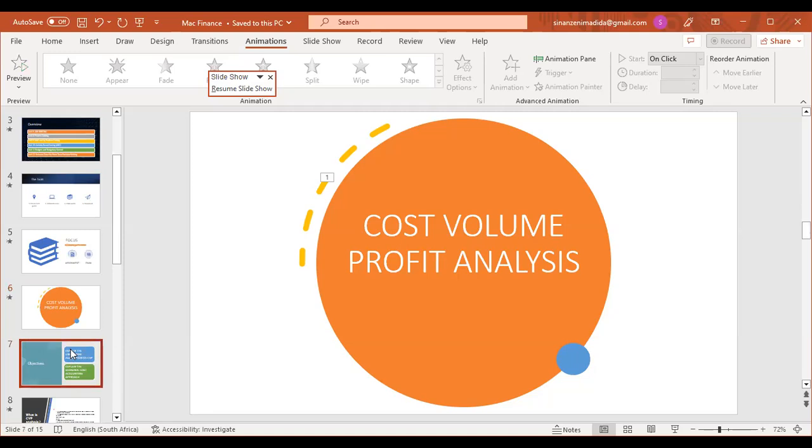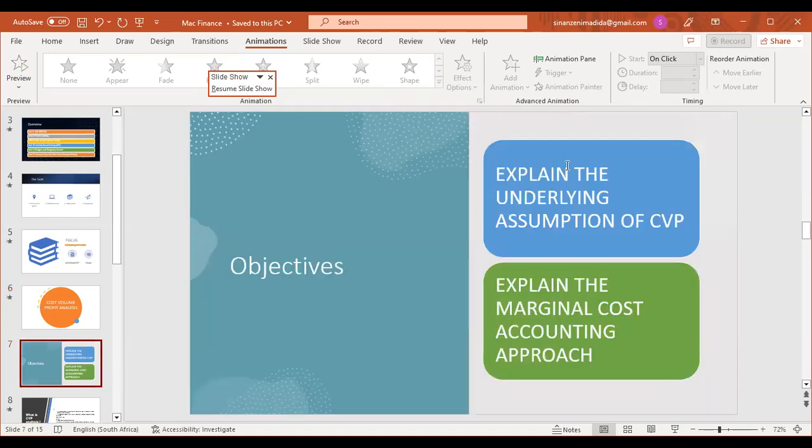The first thing that we need to understand is to explain the underlying assumption of CVP. CVP, guys, is our unit 6, cost, volume, profit analysis. It's our question 1 for our case study.